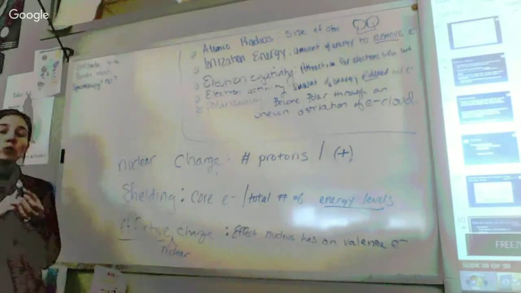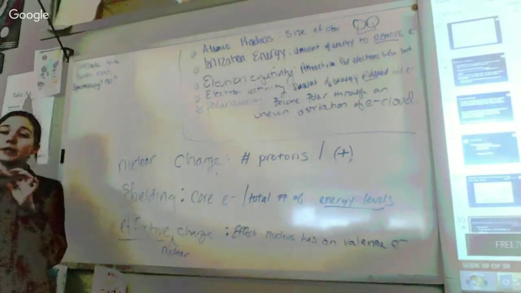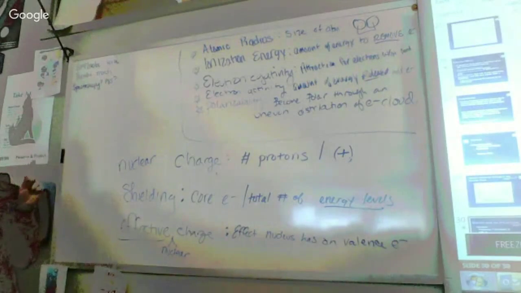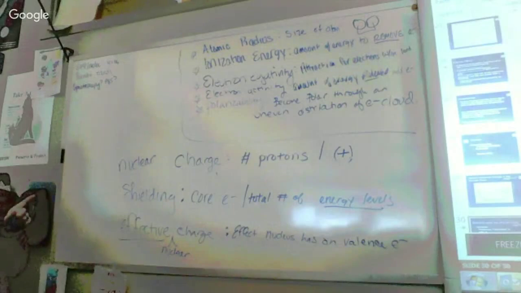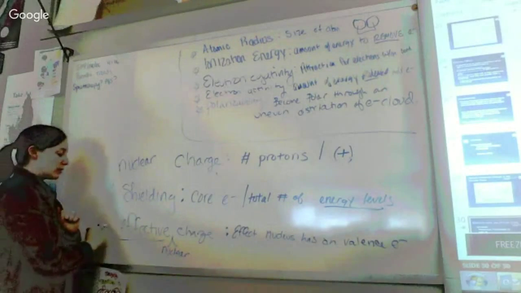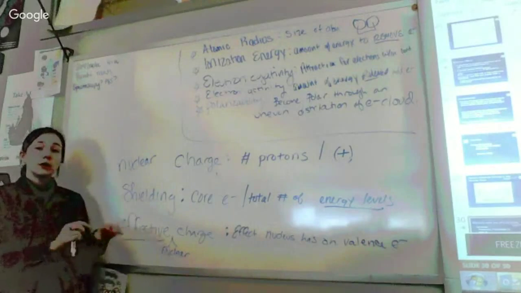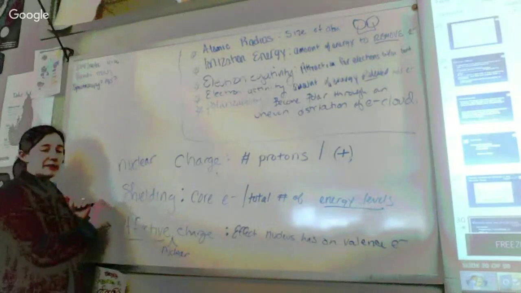So when you're dealing with items that are in the same period on the periodic table, you're probably going to be comparing based on their effective nuclear charge, because they're in the same row, and so they'll have the same shielding.